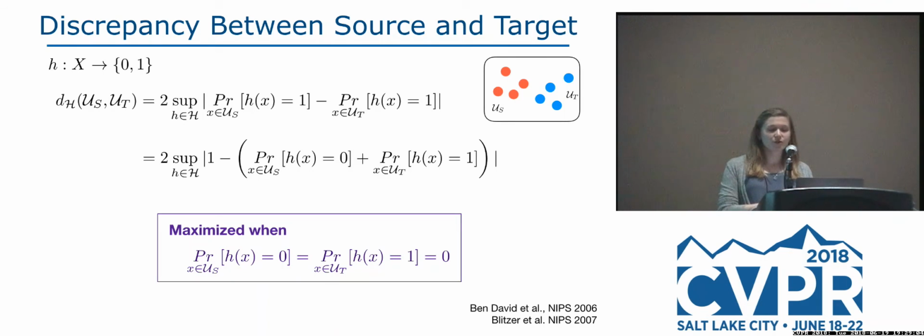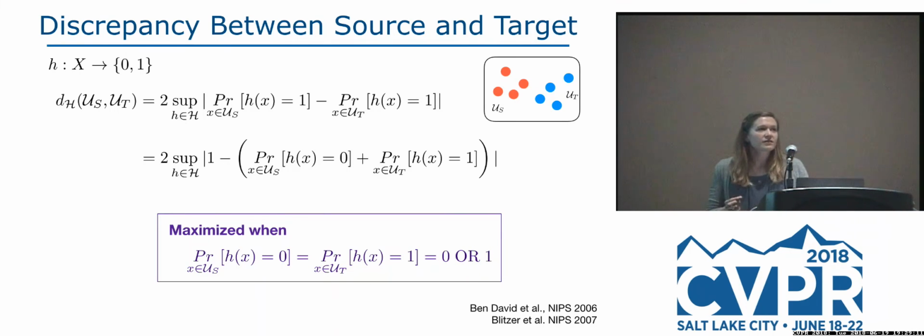But that's not the whole story. They could also be maximized when both of them are equal to 1. Although this may seem like a minor detail, it's actually a pretty important point, because it says that the labels you choose to designate, 0 is source and 1 is target, or 1 is source and 0 is target, are pretty irrelevant. Either way you train it, it's going to have the same outcome.